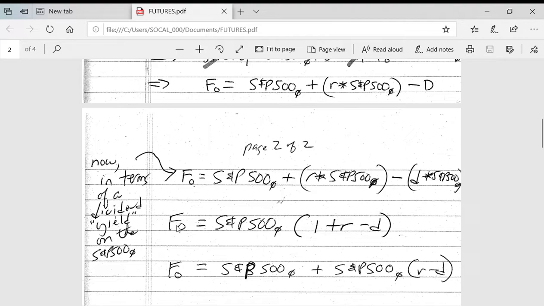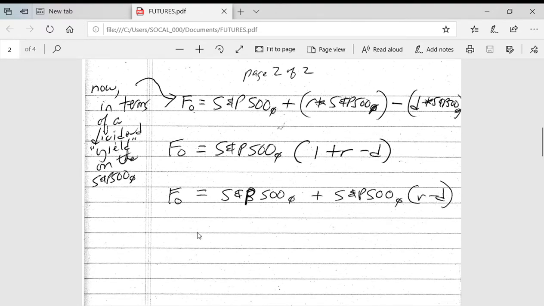So the futures contract value at date 0 is the S&P 500 index value at date 0 times 1 plus R minus D. Sometimes this is written as the value of the futures contract in equilibrium at date 0 is the date 0 value of the S&P 500 index plus the value of the S&P 500 index times the risk-free rate minus the dividend yield.